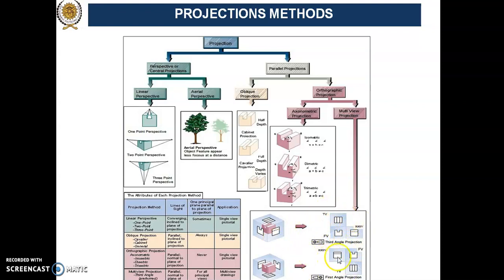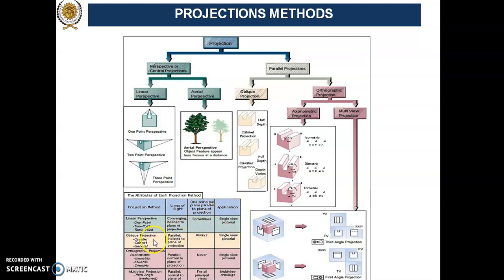are widely used. But as far as our curriculum is concerned, we will focus on the first angle method of projection only. The attributes of each projection method can be easily studied. If the projection method is a linear perspective, maybe 1-point, 2-point or 3-point, we get a single view pictorial.